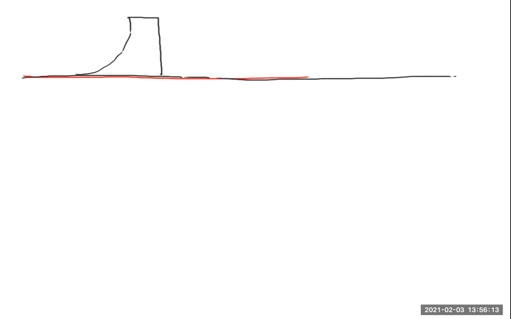चलो, नेक्स्ट पार्ट ऑफ द सेम क्वेश्चन. Yeah, now this time V naught is some velocity.